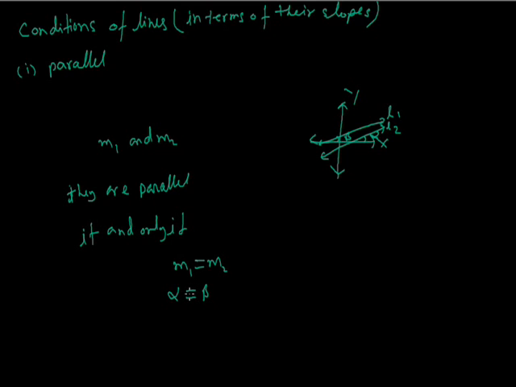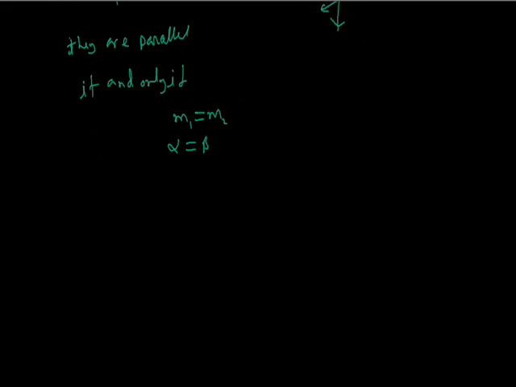So it is a condition that two lines are parallel: if their slopes are equal, then we can say these two lines are parallel lines.